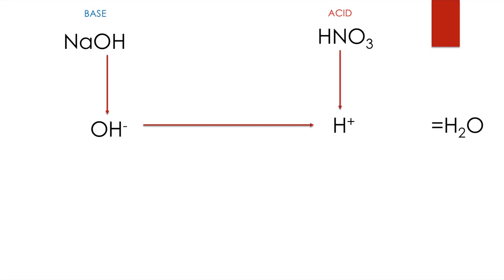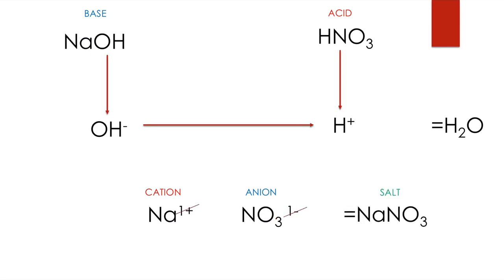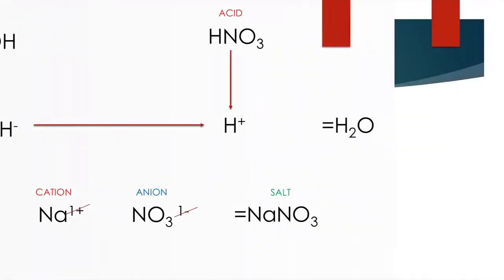What will be left behind? The cation part of the base and the anion part of the acid. The anion and cation have the same valencies, so in this case their valencies will be cancelled out, and the formula of the salt will be NaNO3, which is called sodium nitrate. I hope this is quite understandable and clear to you all.